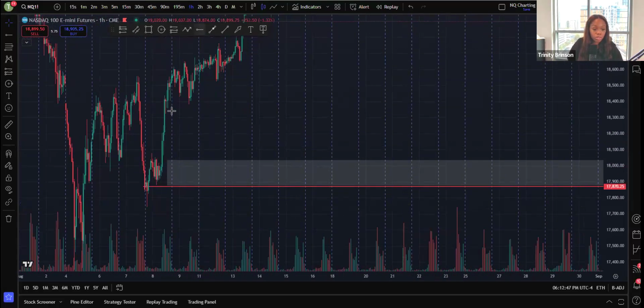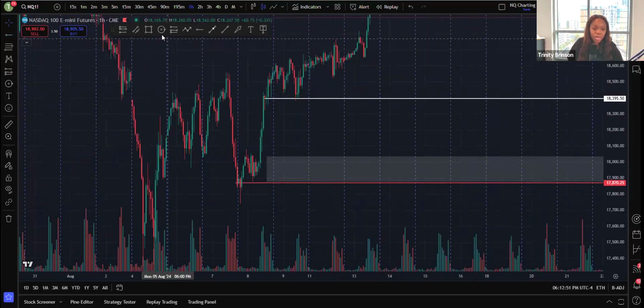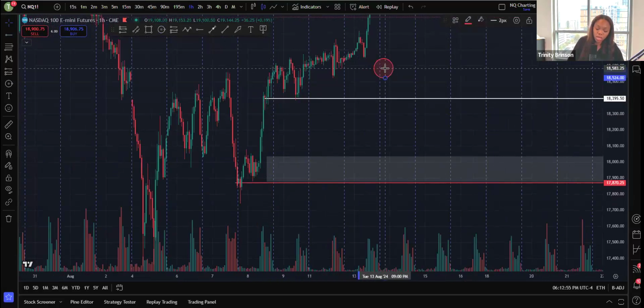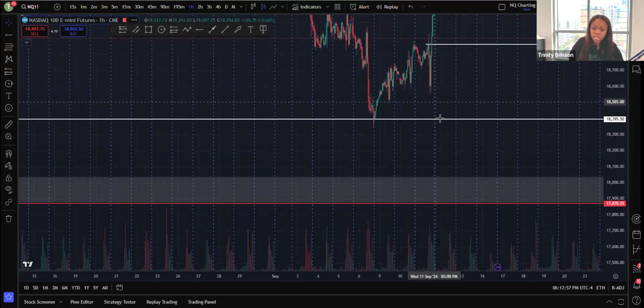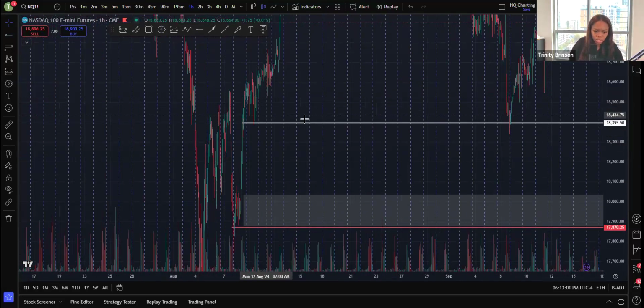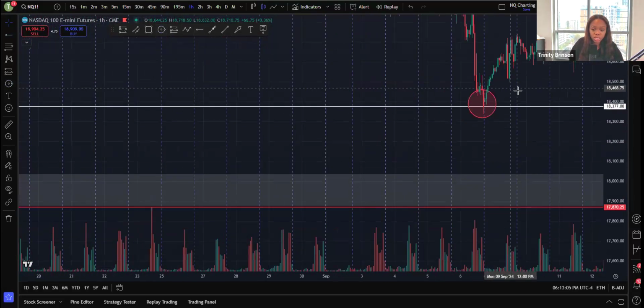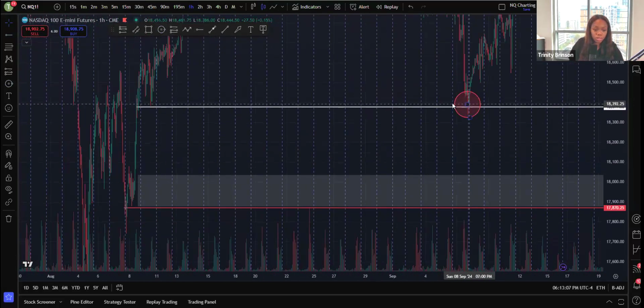Here it goes with the imbalance. It looks the exact same. 395, 395. Okay, that's under current price. Touch here, touch here. This is what I'm trying to show you guys. The touch here. All right, there we go. Right around this level. If you want to adjust it to sit right under the bodies, you can do that. So there's that touch there, and then the other two touches over here.